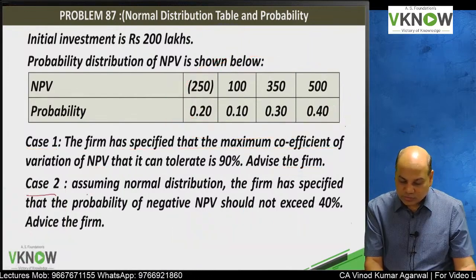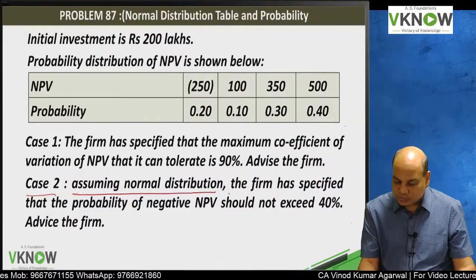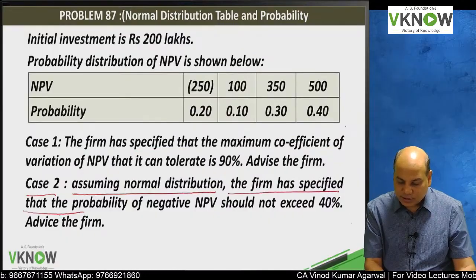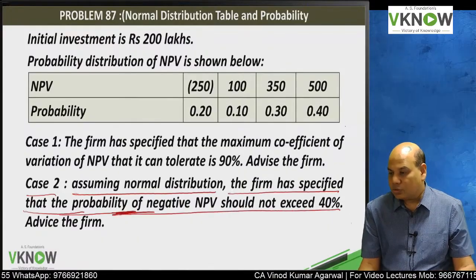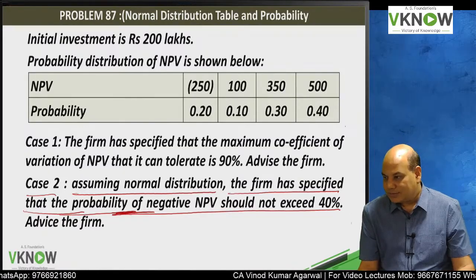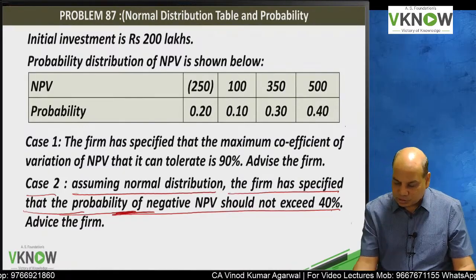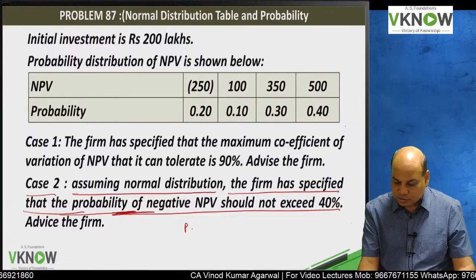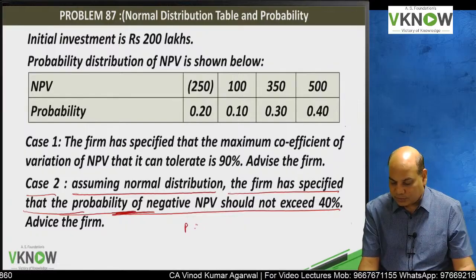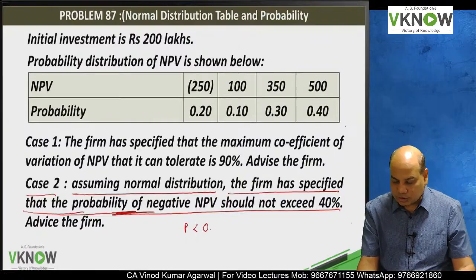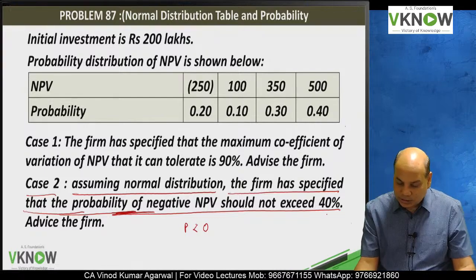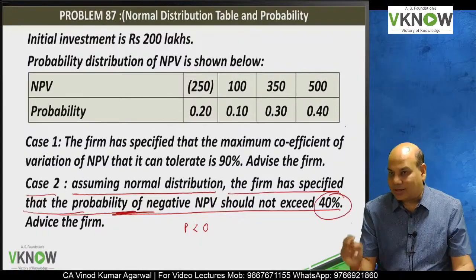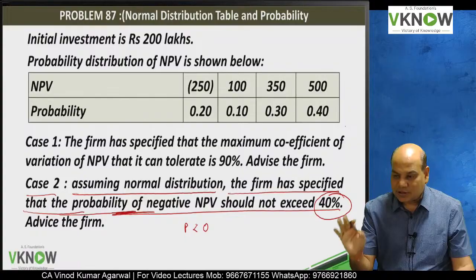Case 2: assuming normal distribution, the firm has specified that the probability of negative NPV should not be more than 40%. So I will find the probability that NPV is less than 0. If the probability is less than 40%, I will accept the project.